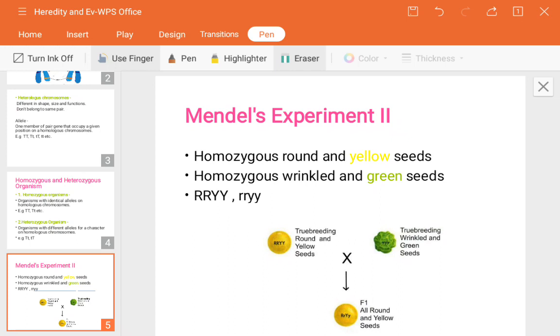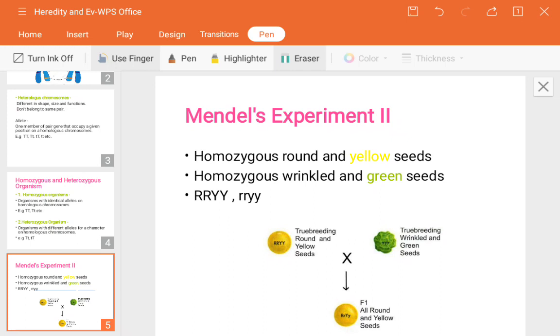He chose two shapes of seeds and two colors of seeds, but the color and the shape are present in a single seed. For example, he chose homozygous, meaning similar, round and yellow seeds. Another trait was homozygous wrinkled and green seeds. So these two traits he used.